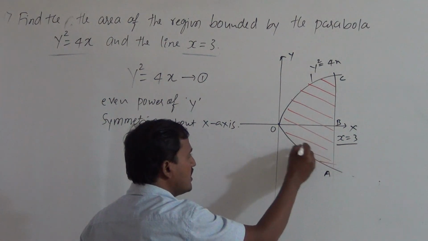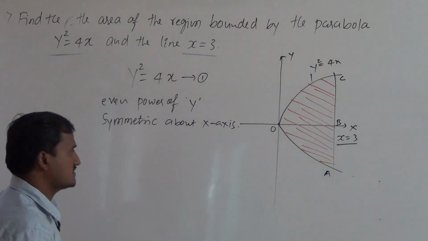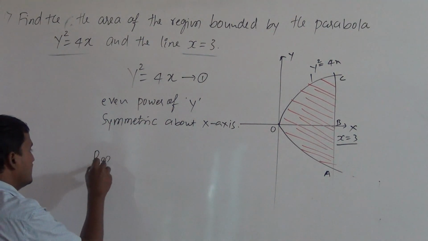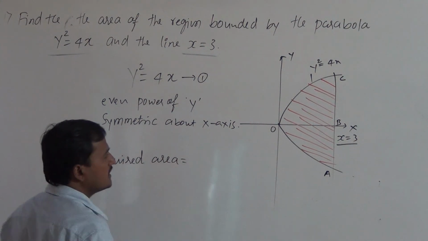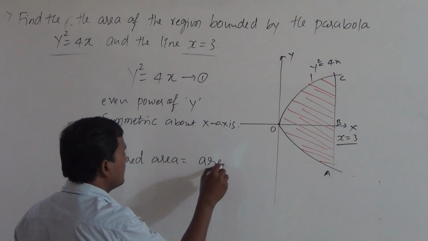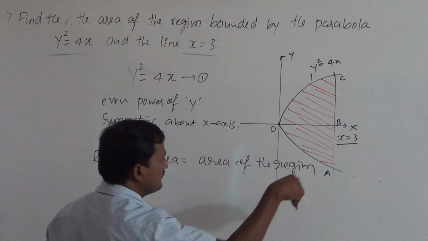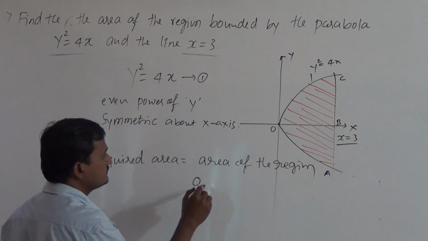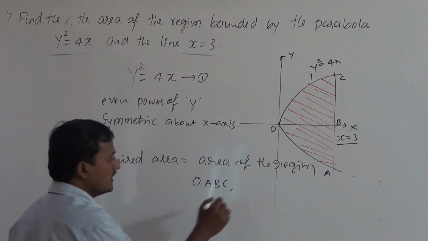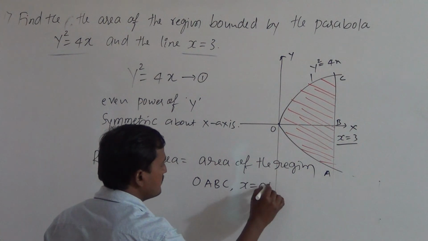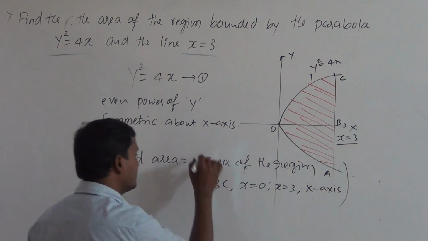So clearly you should observe this area lies on the x axis. So therefore the required area, I will write, required area is equal to the area of the region OABC with the line x equal to 0 and x equal to 3, it lies on the x axis, right?